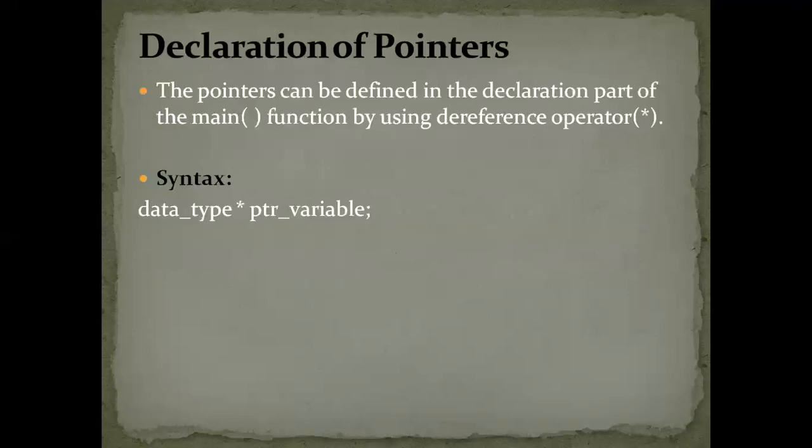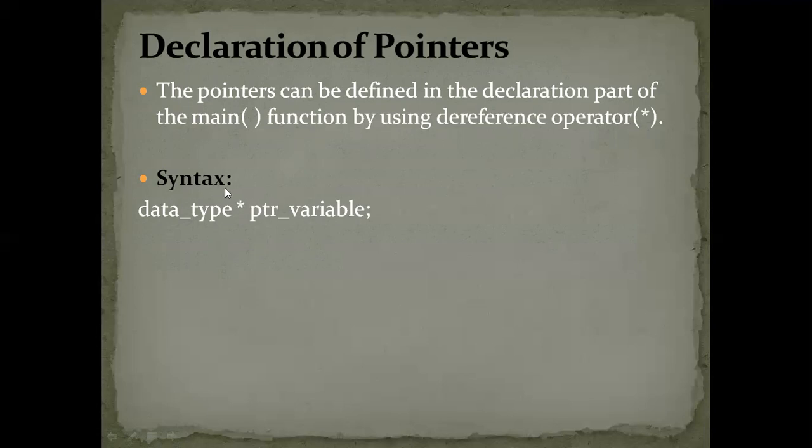Next concept, that is declaration of pointers. So how can we declare a pointer? Pointers can be defined in the declaration part of the main function by using the dereference operator, which we also call the asterisk or star. Normally we call it the dereference operator.